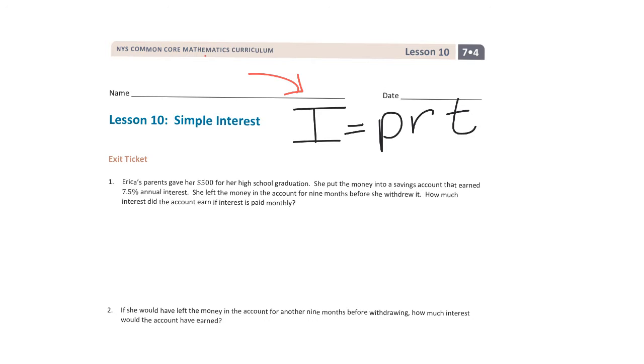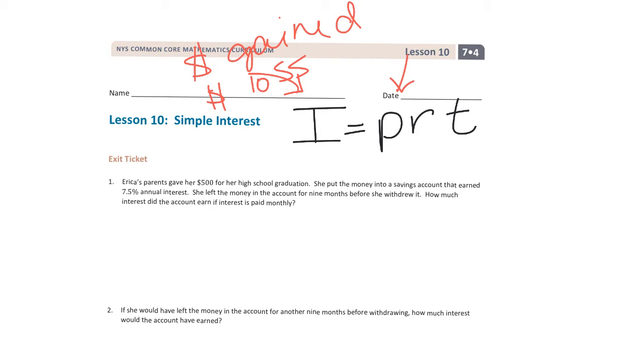Interest is money gained, like if you put it in a savings account and you're earning money, but it could be money loss. If you have a credit card or a loan, they're going to charge you interest. So in addition to paying the money back, you also have to pay that interest amount.